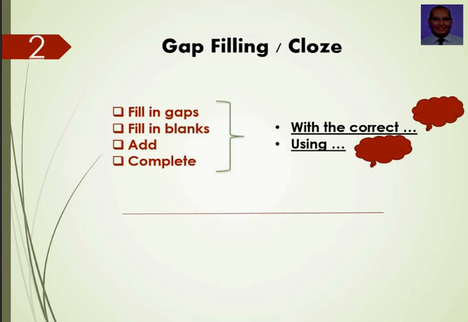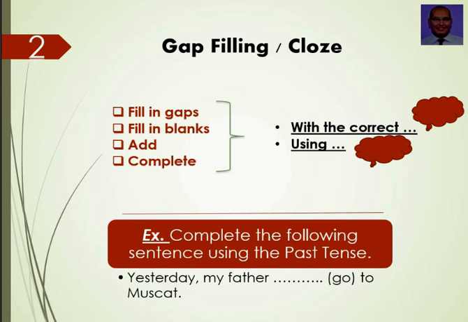Let's have an example to make it clear. Complete the following sentences using what? The past tense. Okay, so we are going to use the past tense form in this gap that we have here. Don't use the present progressive. Don't use the future, for example.